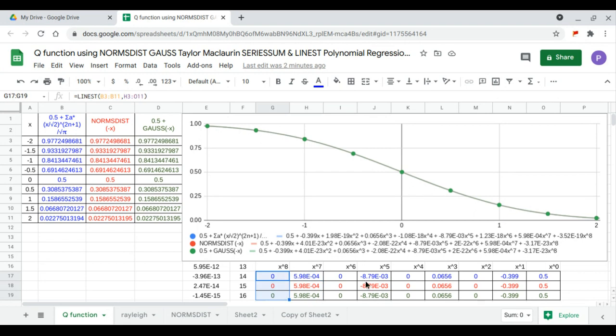X to the 8, negative 3.52 times 10 to the minus 19, negative 3.17 times 10 to the minus 23. These values are small, so this is 0. This completes the use of NORMSDIST, Gauss function, Taylor Maclaurin Series sum, and LINEST Polynomial Regression to generate the Q function's trendline and trendline polynomials.